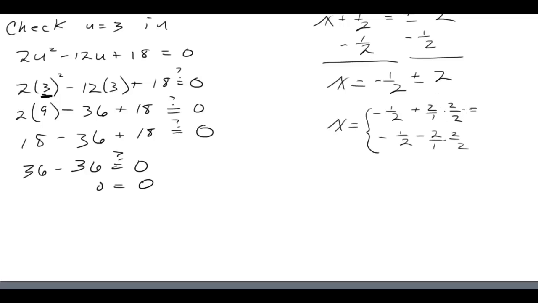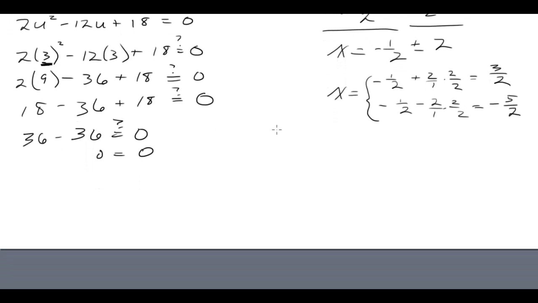So this is going to be 4 over 2. 1 over 2 plus 4 over 2 is 3 over 2. And this is minus 1 over 2 minus 4 over 2, which is going to equal minus 5 over 2. All right, these are improper fractions, but I'm not going to make a big deal out of it. I'll leave them that way.